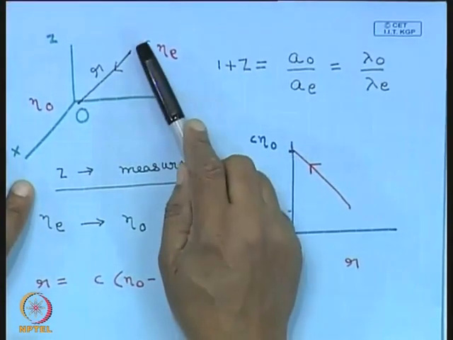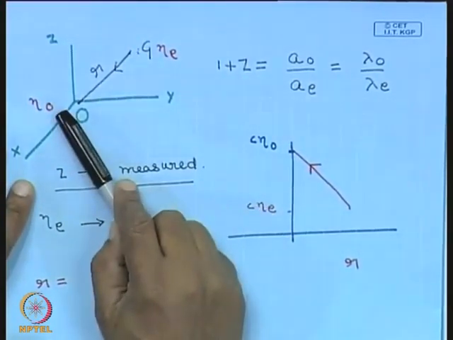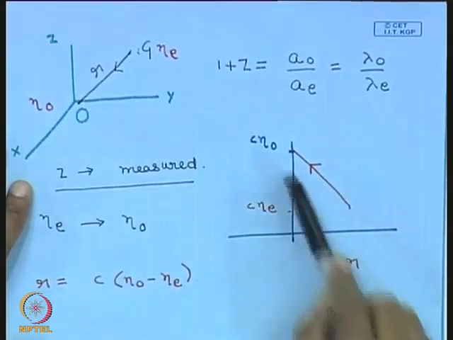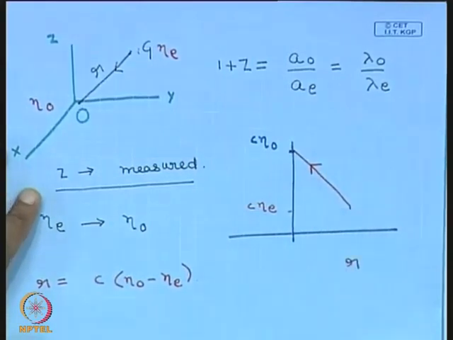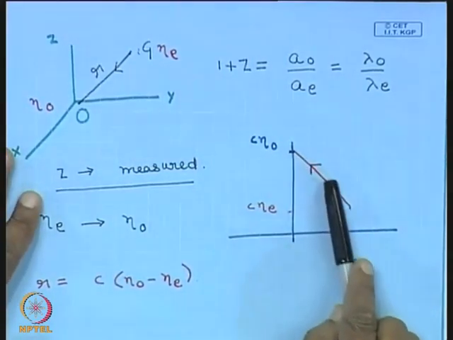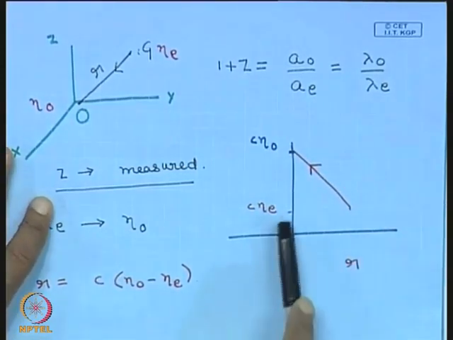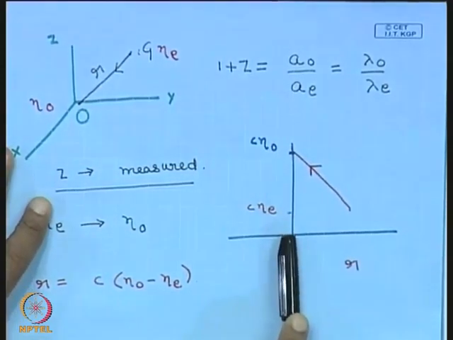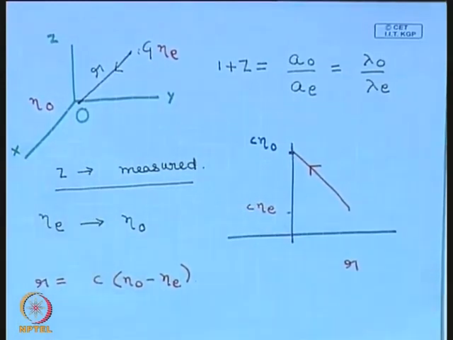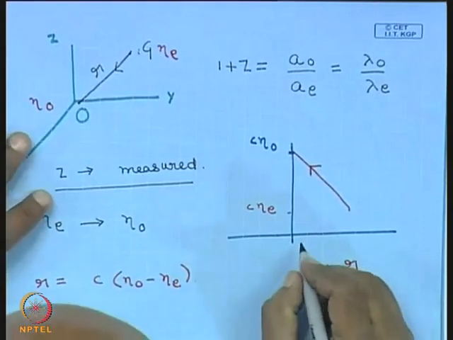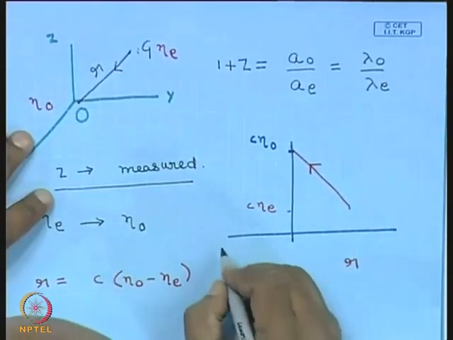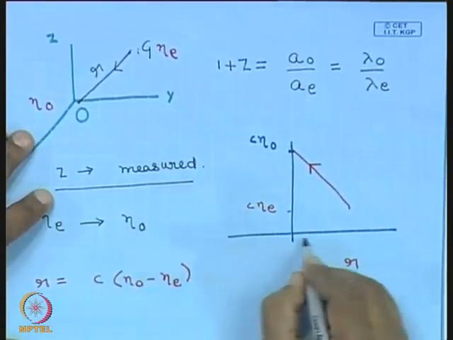The observer is receiving light from this source, and the source in this space-time diagram is here. As the source is moved further and further back away, you are going further and further back in time. But you see there is the Big Bang which occurred. Let us say the Big Bang, we choose it so that it occurs at eta equal to 0. This is the Big Bang, eta equal to 0.